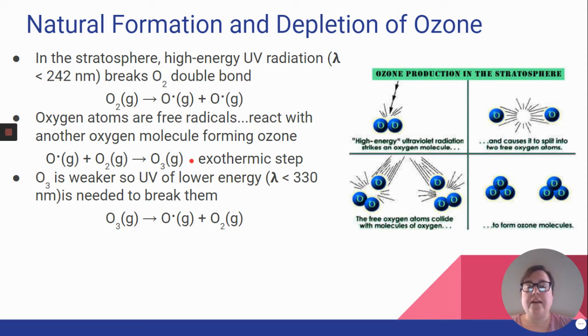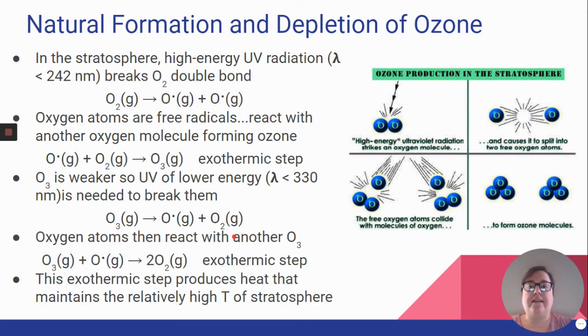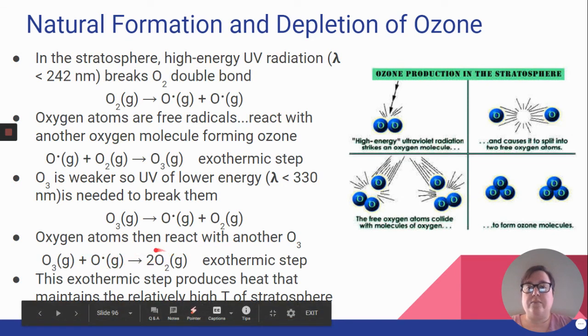Ozone is weaker, so if we want to break apart ozone, we need a wavelength that's less than 330, a little bit longer of a wavelength because we need less energy. And we can break that apart into the radical and the oxygen. So the ozone can react with a radical to form 2 oxygen molecules.